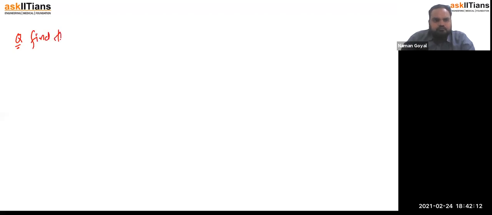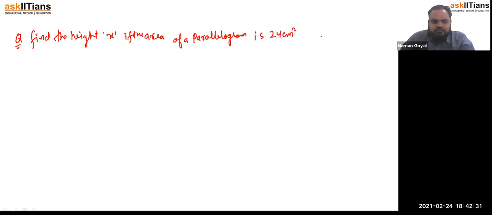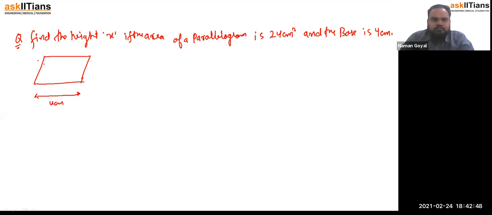Find the height x if the area of a parallelogram is 24 centimeter square and the base is 4 centimeter. Basically in this question there is a parallelogram, the base is given as 4 centimeter, height is x, and the question is asking for the height.